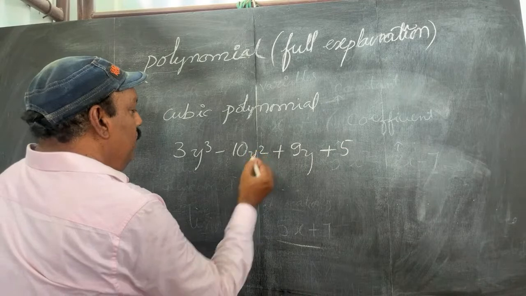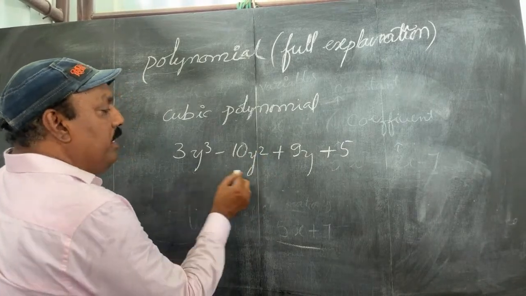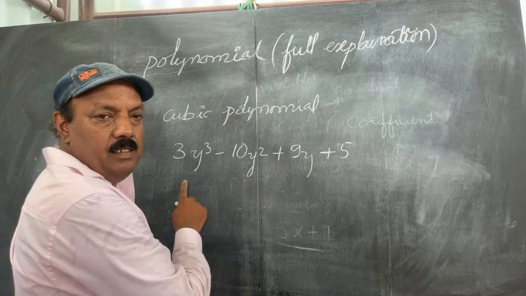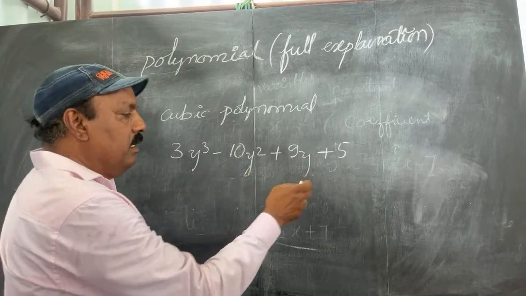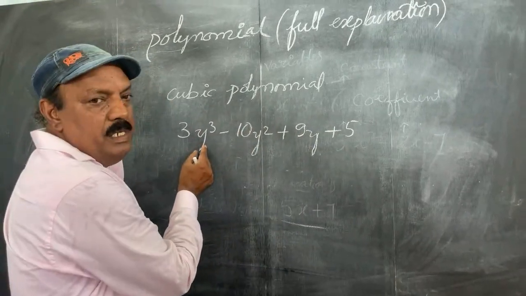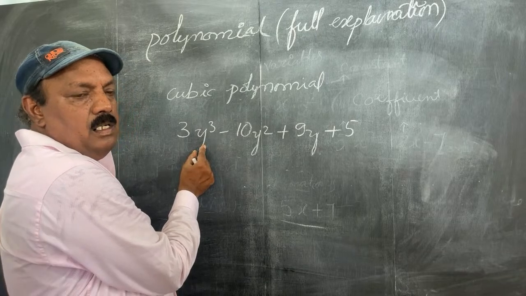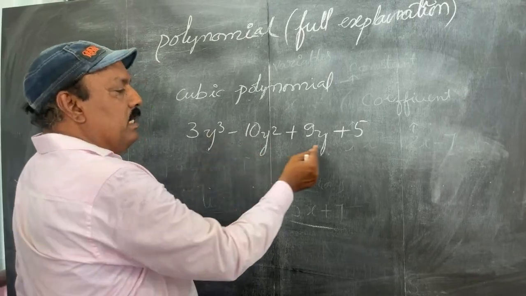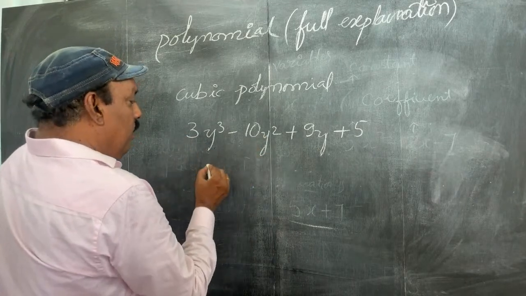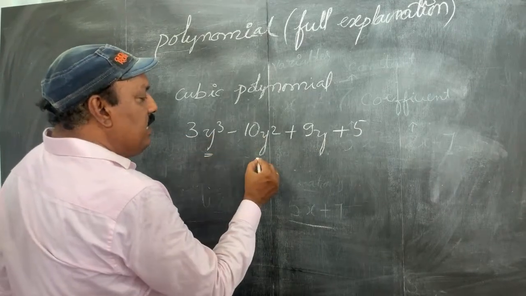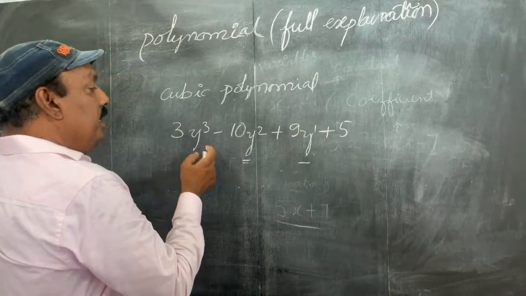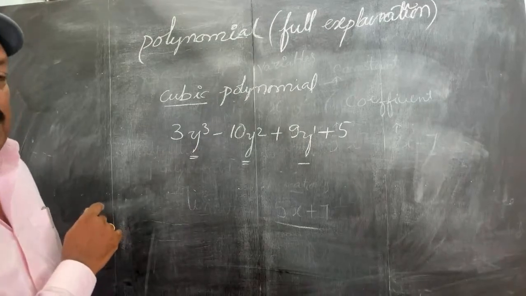Here y is a variable. How can I say this is a polynomial? Because the variable is present many times, 3 times. So this is called a polynomial. Otherwise, if it is present only one time, it is linear. But if it is present more than one time, it is a polynomial. And cubic polynomial means here y cube is there, here y square is there, and here y to the power of 1, that means 1y.